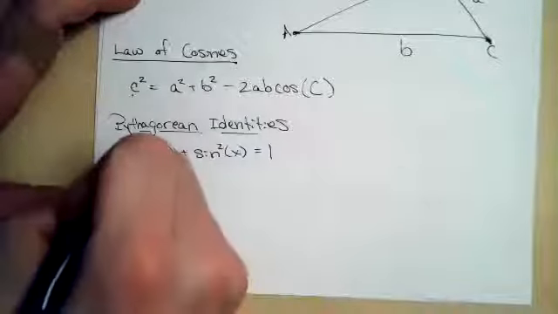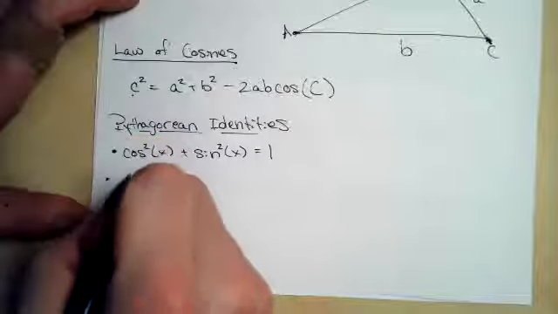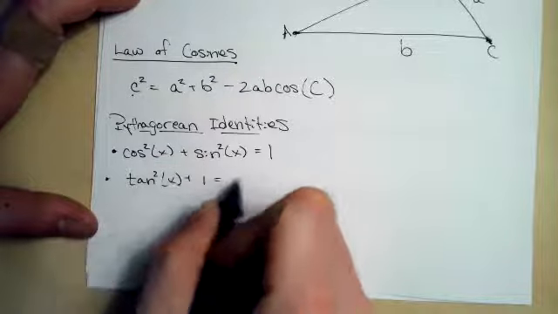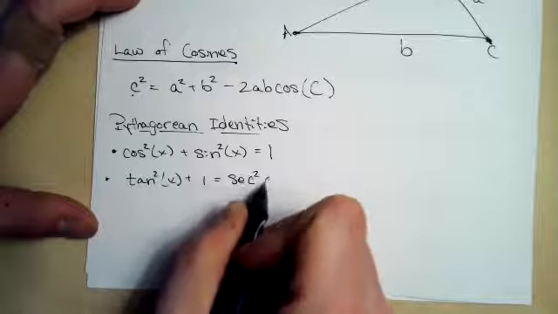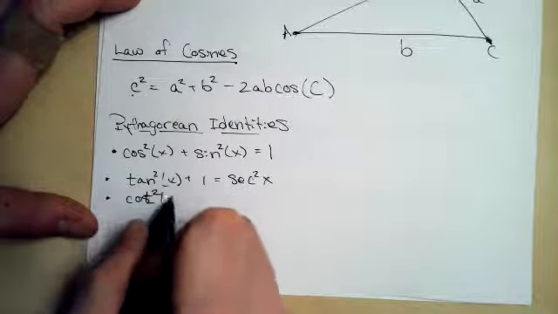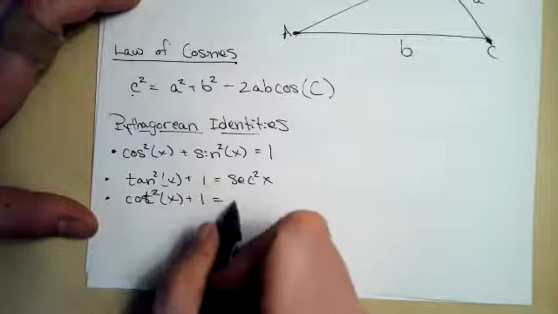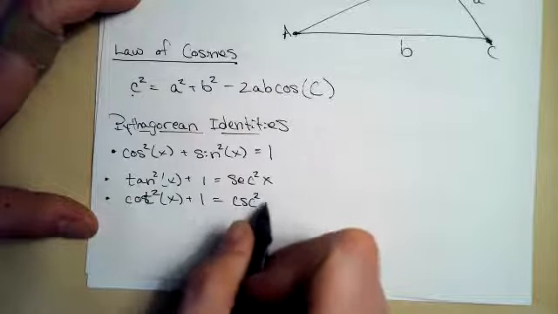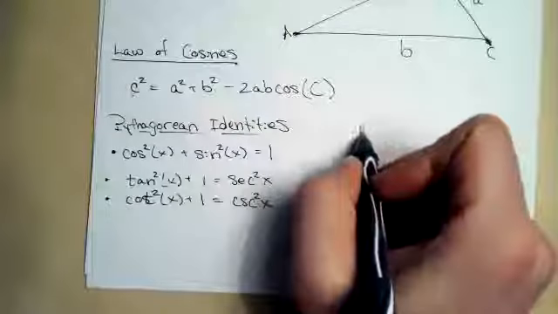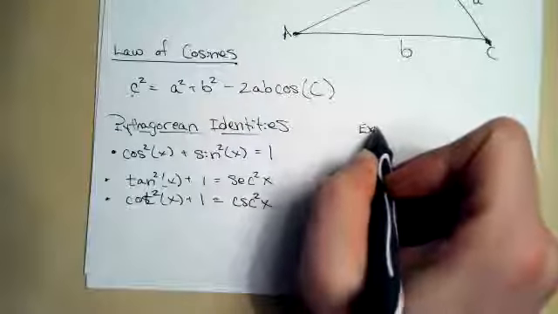All the ones that are derived from that too. So tangent squared x plus 1 is secant squared, cotangent squared x plus 1 is cosecant squared x. And then the even-odd identities, you should know.